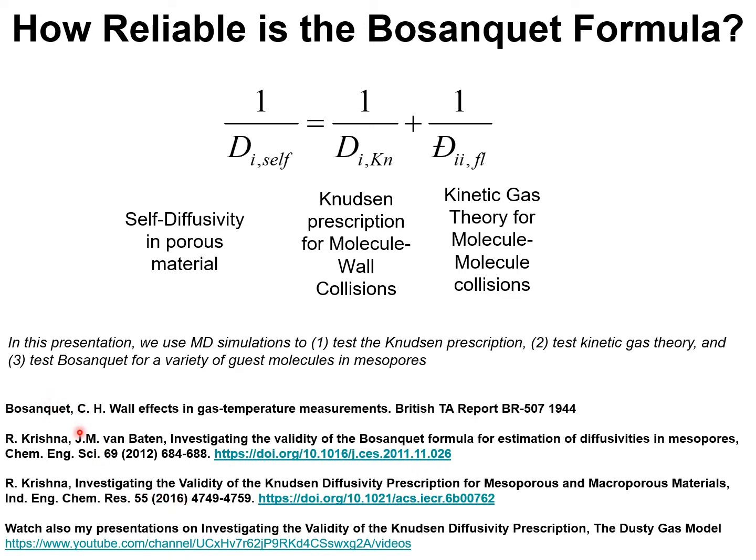In this presentation, I will do three things. I will use firstly MD simulations to test the validity of the Knudsen prescription. Thereafter, I will use MD simulation to test the accuracy of the kinetic gas theory to describe diffusivity of unary guest molecules.